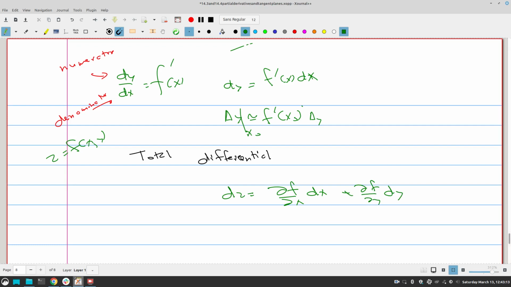Now we can use this definition of total differential to approximate changes in a function. Just as we use the total differential in single variable calculus to approximate changes in functions of a single variable, we can use it to approximate changes in functions with multiple variables.